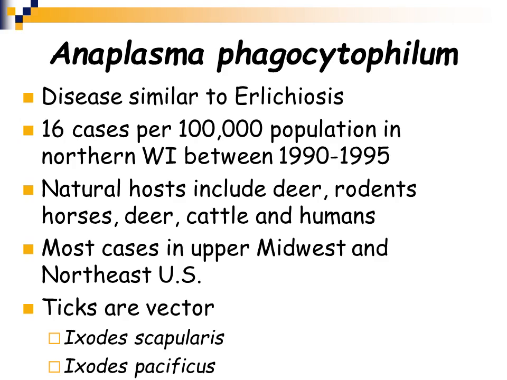vectors that transmit Anaplasma. Now, the natural hosts are deer, rodents, horses, cattle, and humans can be a host. So in areas where you have a lot of deer, like the upper Midwest and northeastern US, where you have a lot of wooded areas, you have a lot of deer, you have a lot of rodents, so you also have a lot of ticks.